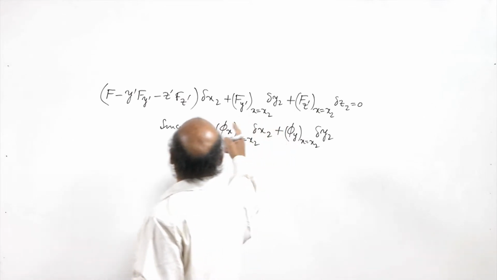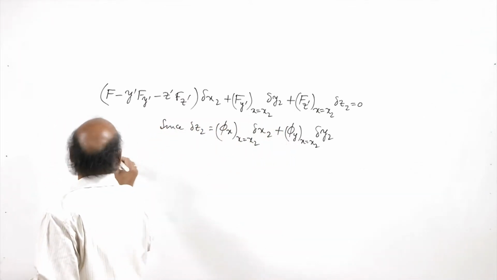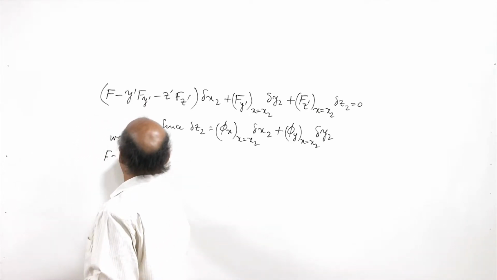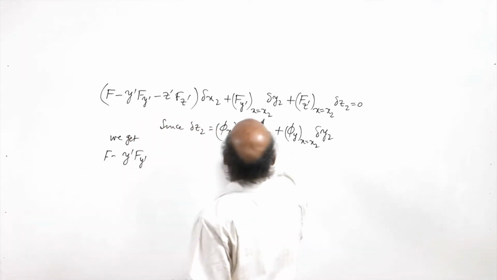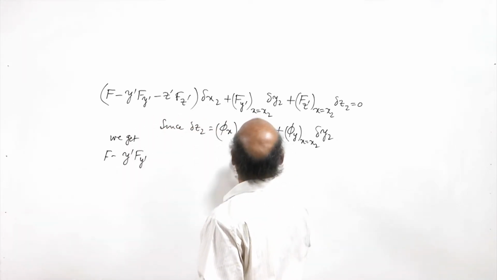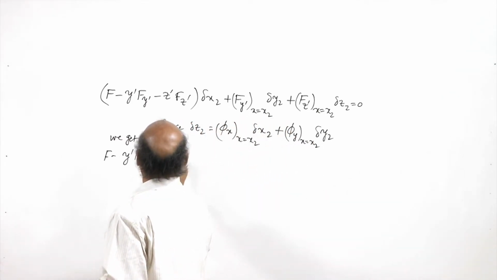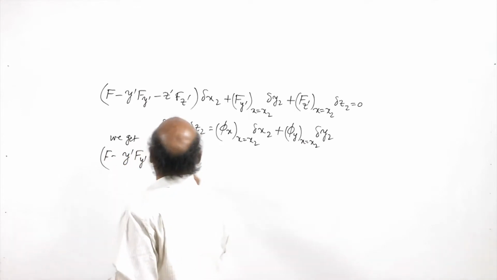So, let us use this here, then we can write it as f minus y dash. Since this is equal to this, we get f minus y dash, f y dash, and then here f y dash at x equal to x2, minus z dash, f z dash delta x2.